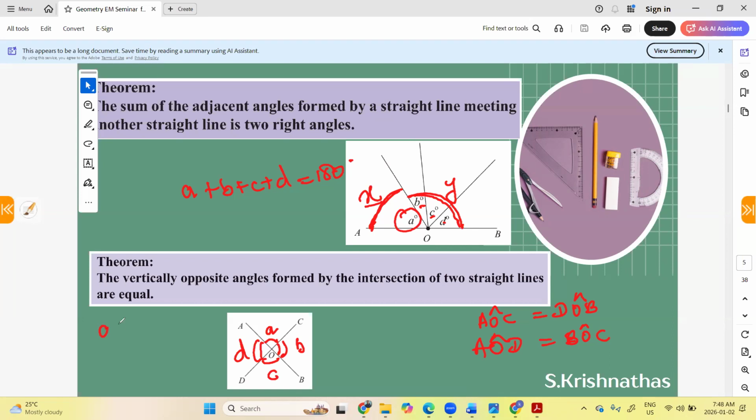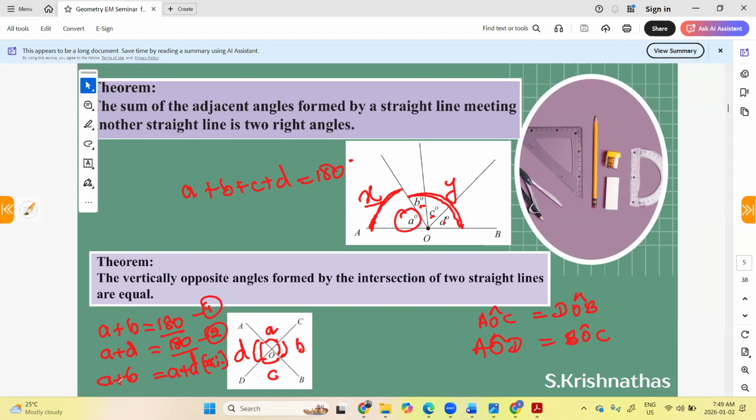So, students, A plus B equal to 180. Same, A plus D equal to 180. What can you say about these two equations? This is the first equation, second equation. This sum is 180, this sum also 180. So, students, A plus B equal to A plus D. What is the reason, students?